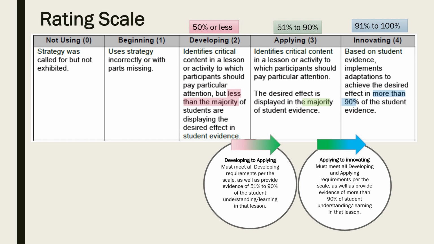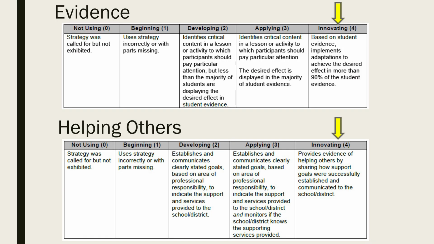If more than the majority of students are monitored for evidence of the desired effect, then the rating is applying. If it is less than the majority, then the rating is developing. To be rated at innovating, greater than 90% of student evidence has been monitored and shows evidence of the desired effect.